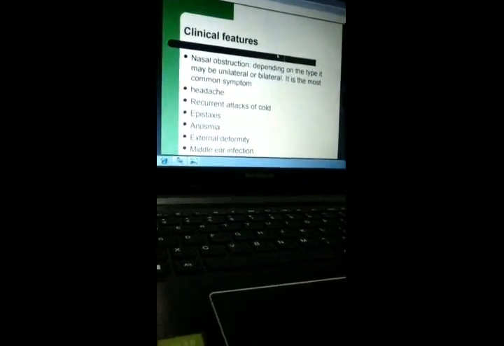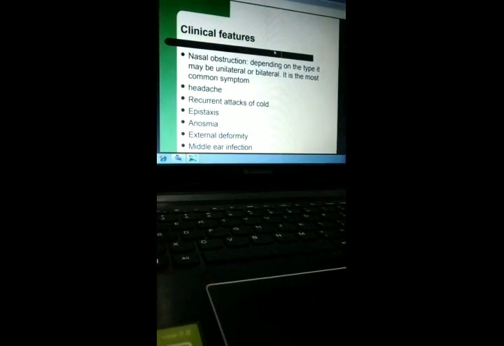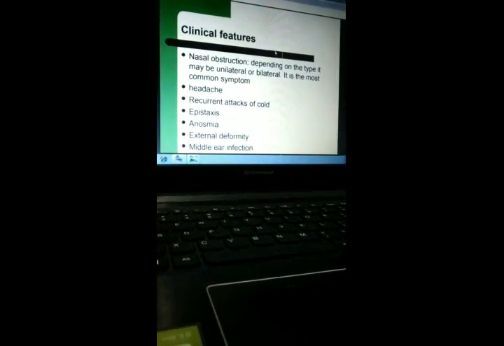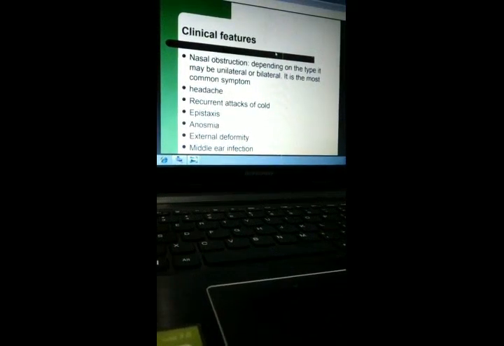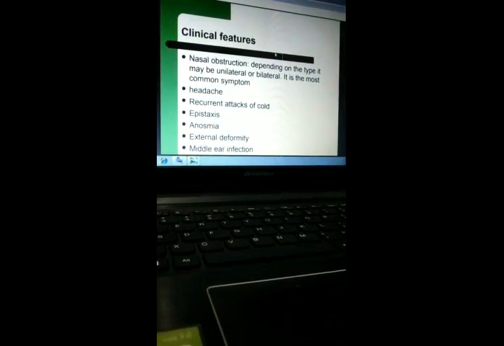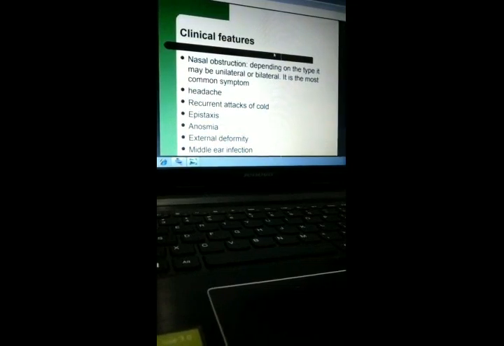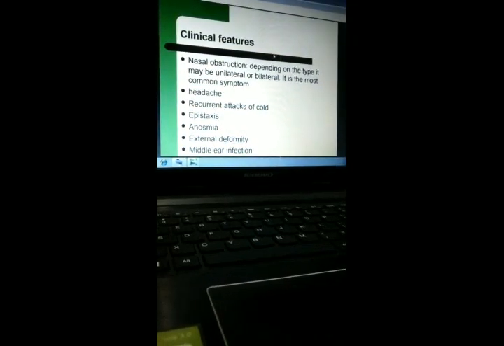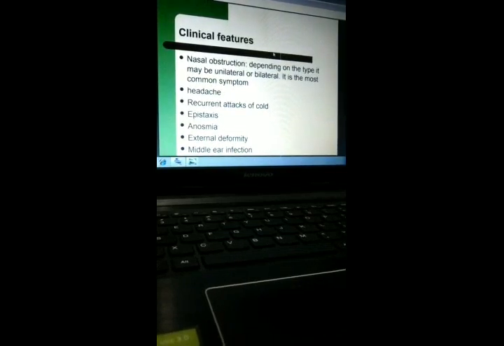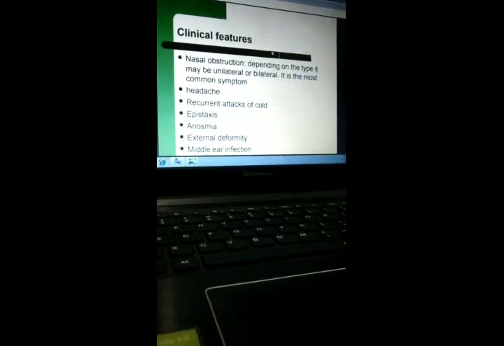Third is recurrent attacks of cold. There are symptoms like recurrent attacks of cold due to obstruction of the nose.